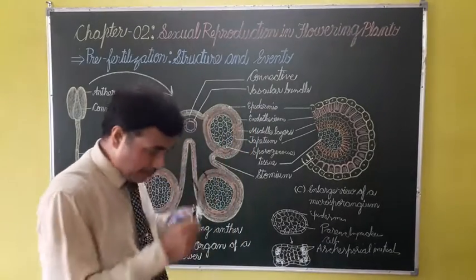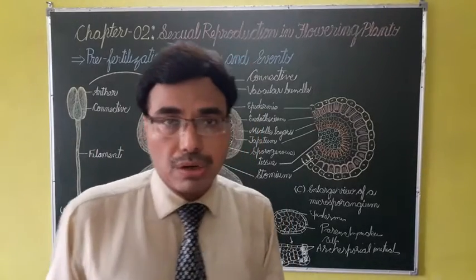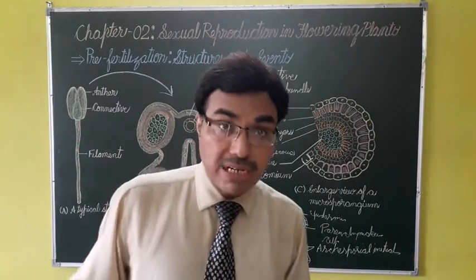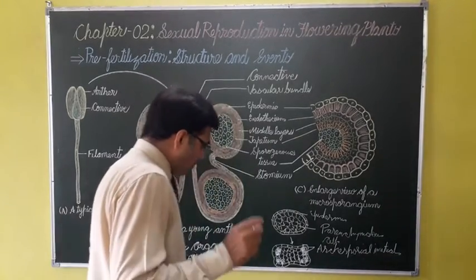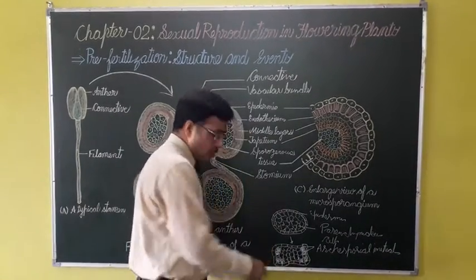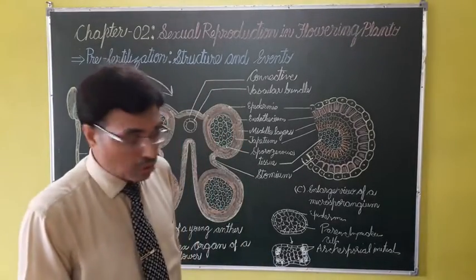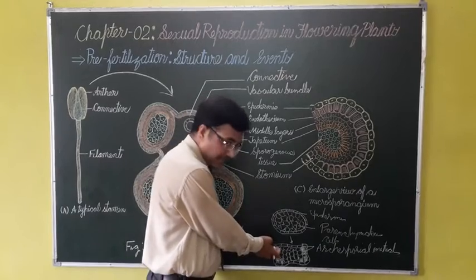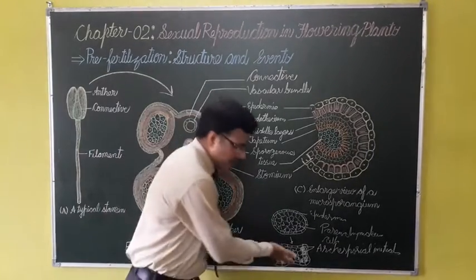These archesporial initials later on divide by periclinal division. Actually, periclinal division is a type of mitosis, but it is a matter of the plane. Because of that, the name is given on which plane the division is taking place. So, because of the periclinal division, each archesporial initial gives rise to one cell towards the epidermis and one cell towards the center.